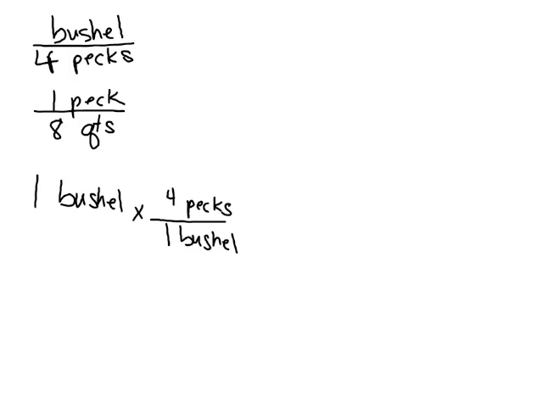What do I know about pecks? 1 peck is 8 quarts. So 1 peck is 2 gallons. Then it says how many ounces are in a bushel. So I need to go from quarts to ounces.